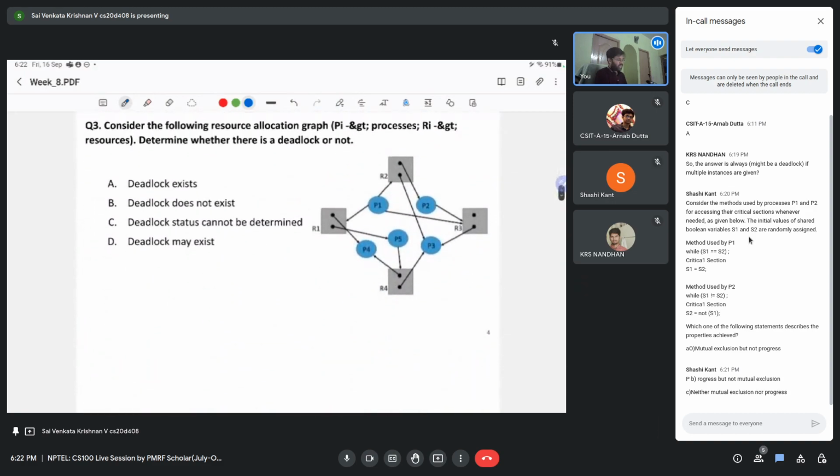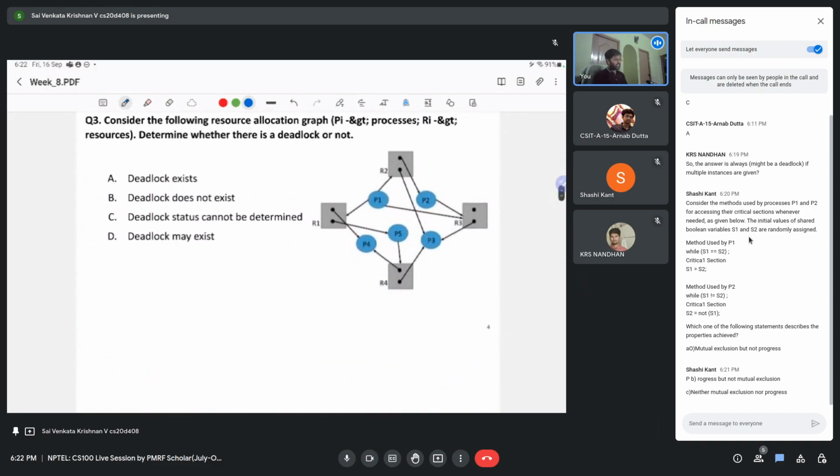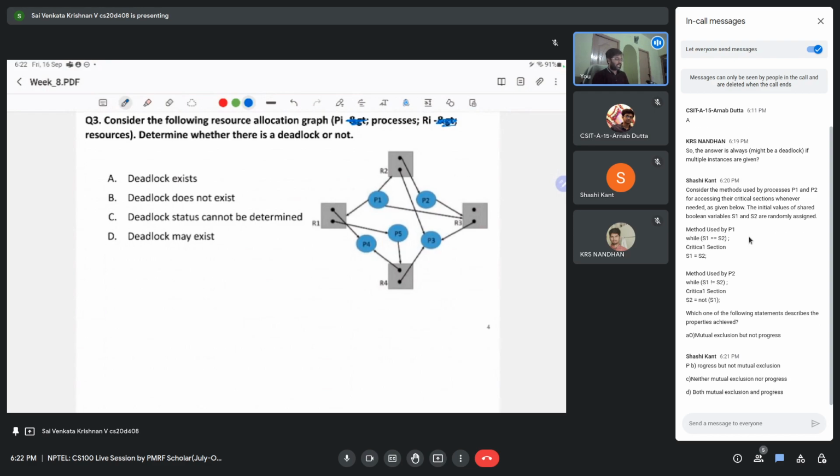So, question 3, consider the following resource allocation graph. You have Pi and Ri. There are 5 processes and 4 resources, and determine whether there is a deadlock or not. So, this is the resource allocation graph.